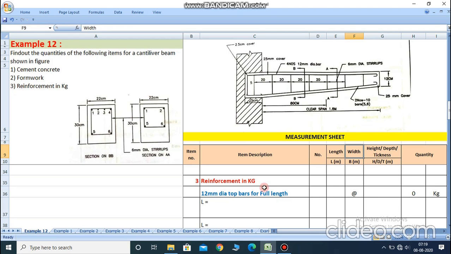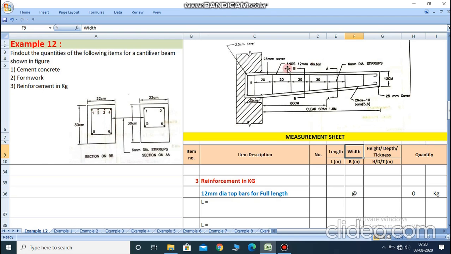Now for finding the reinforcement in kg, the first type of reinforcement provided is a 12 mm diameter top bar for the full length. So here this 12 mm diameter top bar is provided.